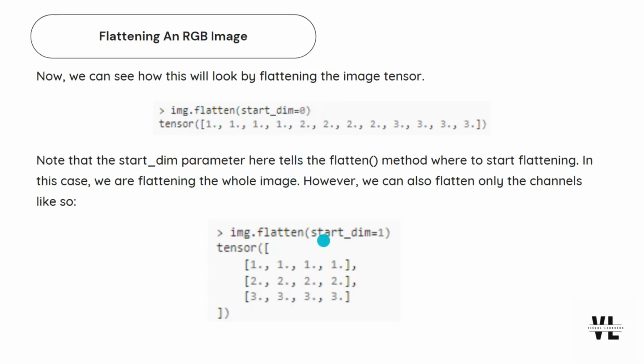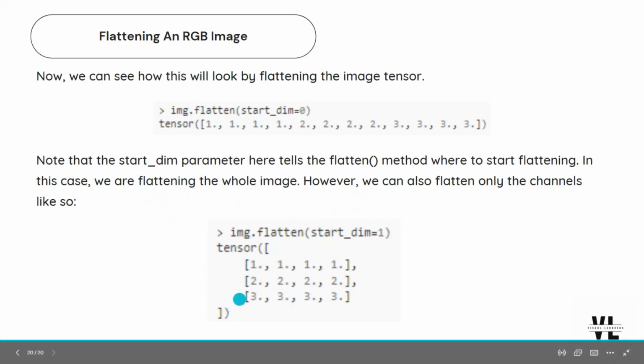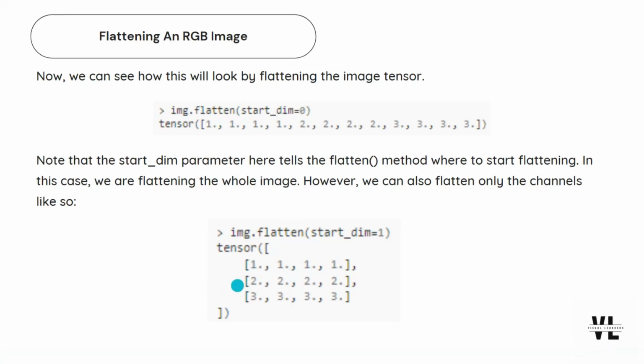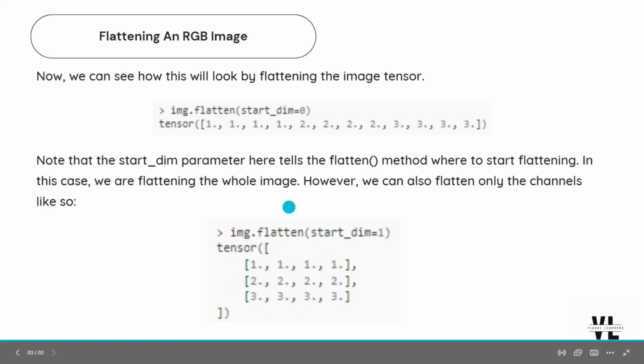But if we change the start_dim to 1, it's going to start flattening from the second axis. So this means it's going to preserve the channel dimension, and it's going to flatten each image. So each of these were a 2 by 2, now they're just one-dimensional.